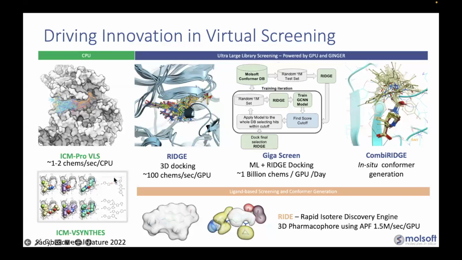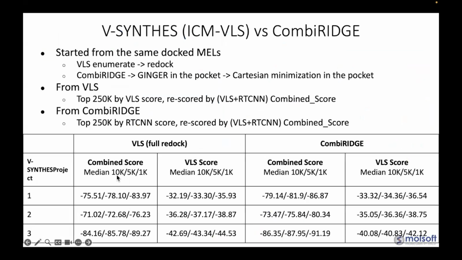And so just as a summary, vSynthesis uses ICM VLS, which is our CPU-based approach. And in this example, we do full redocking of the vSynthesis anchors, they call them MELs, and we used CombiRIDGE. For both methods, we compared the top 250,000 compounds, first by VLS score and then by combined score. We also looked at the median score values for the top 10K, 5K, and 1K hits.